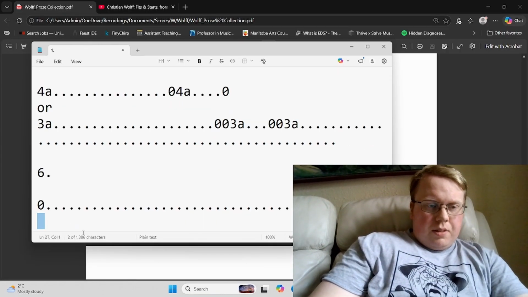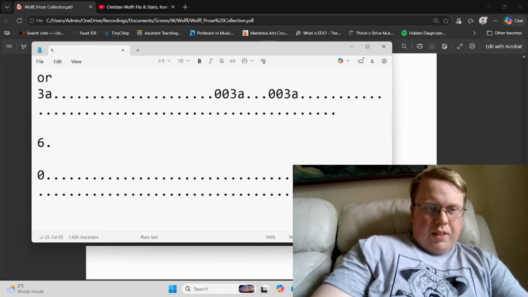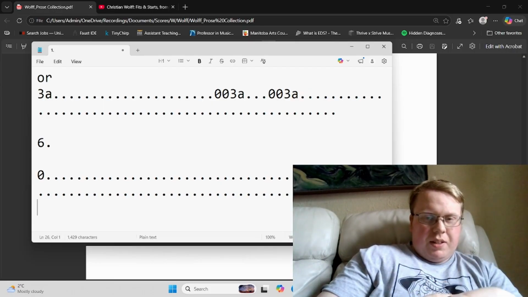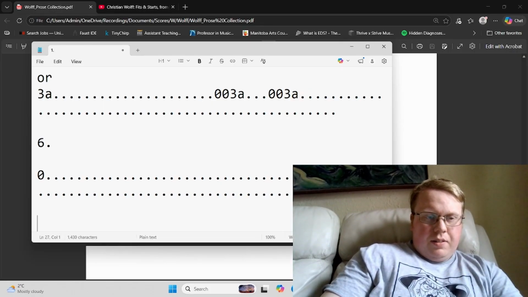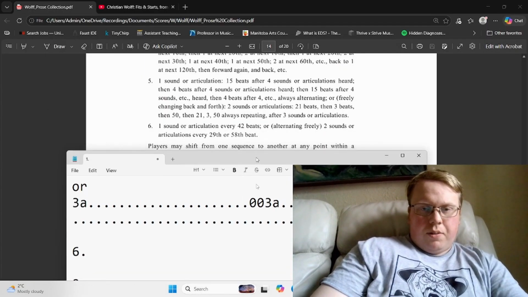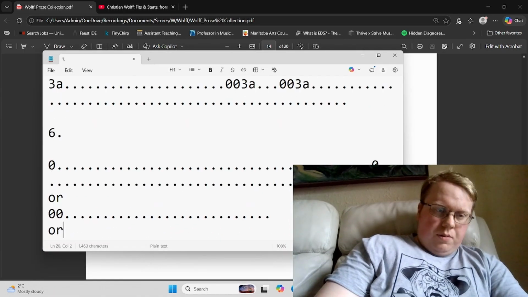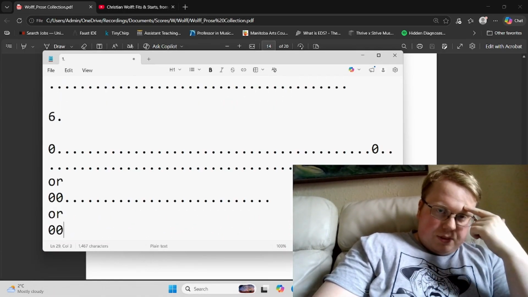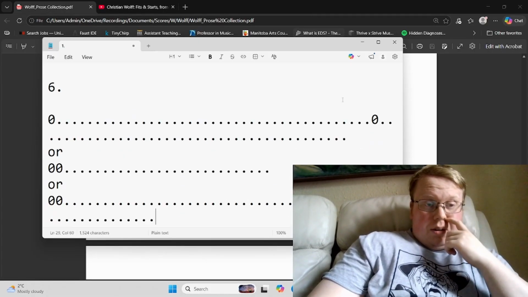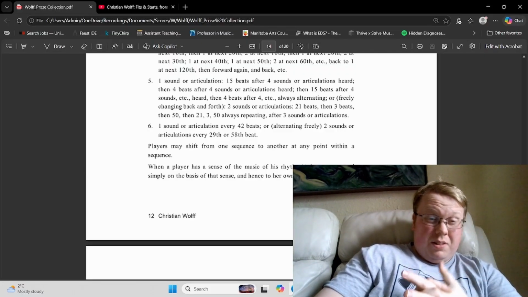So this 6th one has the most options because it's kind of just destroying the whole notion of these sequences being distinct things. But it's actually the simplest. You're just repeating one pattern over and over again. And then 2 sounds every 29 or 2 sounds every, what was it, 50th or something? 58th. Okay, wow. I thought this would be easy to explain, but it was actually confusing as hell.